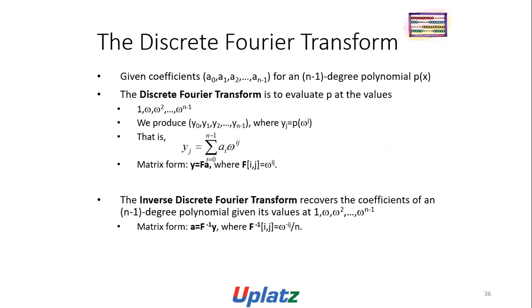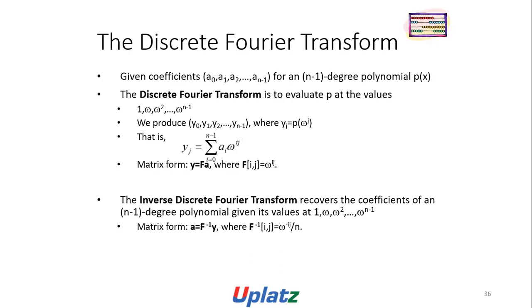Discrete Fourier transform: given coefficients a0 to a(n-1) for a degree n-1 polynomial, the discrete Fourier transform is to evaluate the polynomial P at the values 1, omega, omega squared, up to omega^(n-1). We produce y0 to y(n-1), where y_j is equal to P(omega^j), that is, y_j is the sum for i = 0 to n-1 of a_i omega^(ij). In matrix form, y is equal to F a, where F(i,j) is equal to omega^(ij).